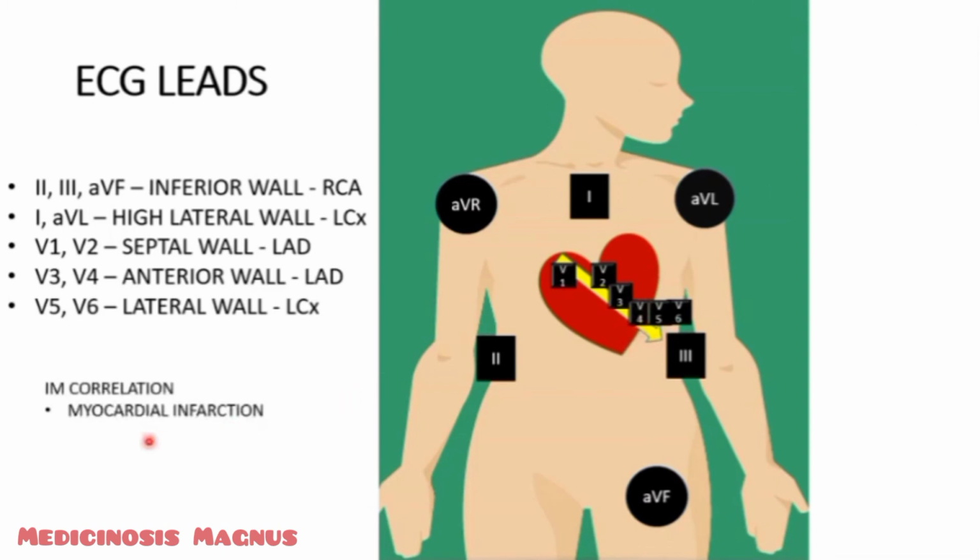When there is myocardial infarction at any part of the heart, that respective lead will show the abnormality in the ECG. So we can easily locate which artery and which part is damaged, and we can do the treatment accordingly. To know more about the arteries and veins of the heart, you can see my other videos.